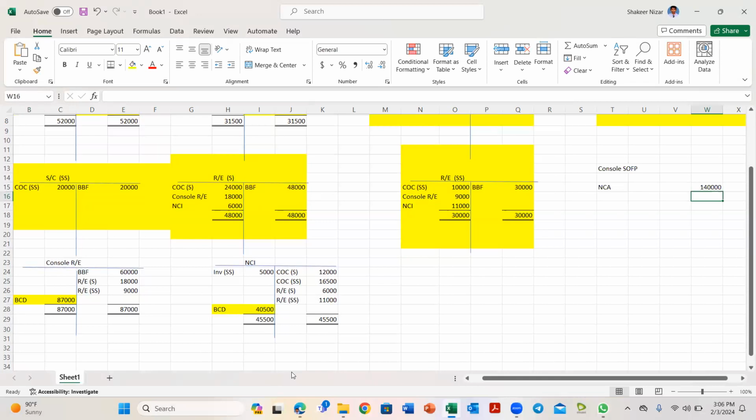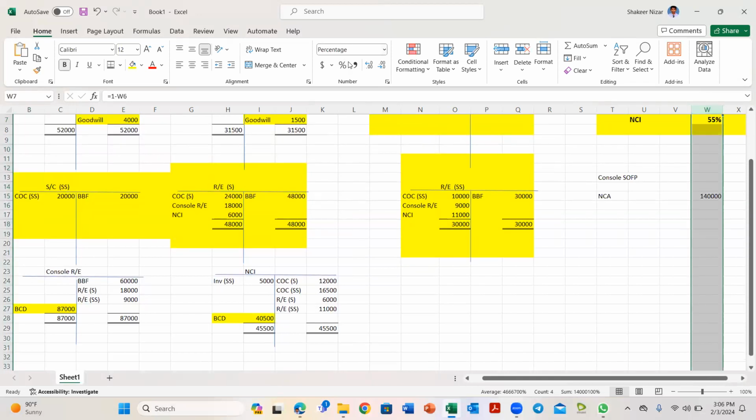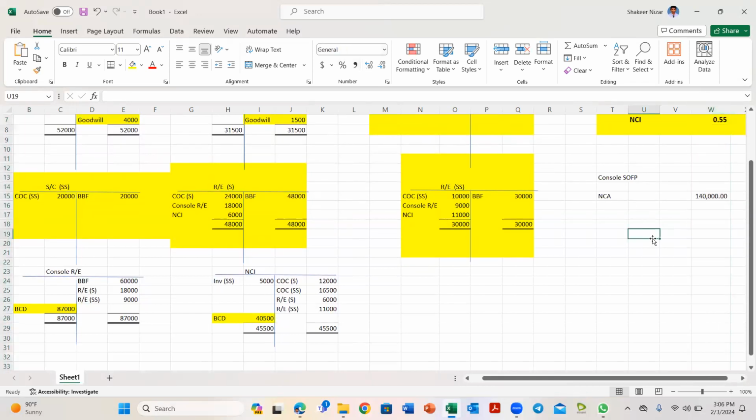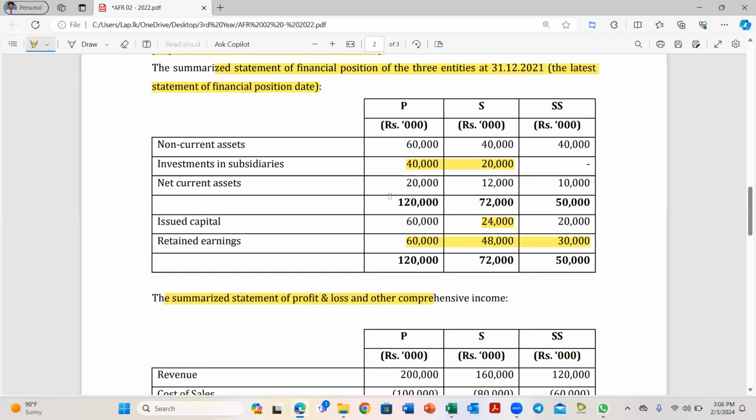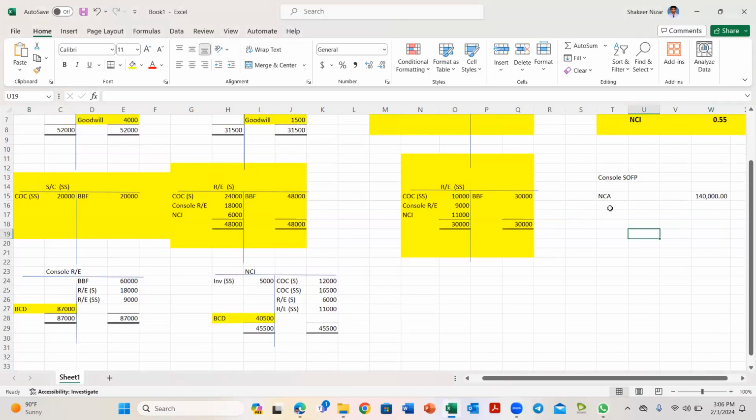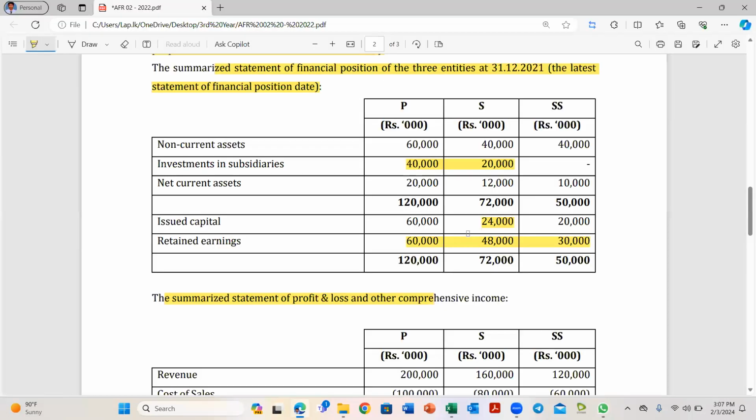That is 140,000. Then we have investment in subsidiaries, do not bother. So we have goodwill arising from business combination. What is the goodwill amount? 4,000 plus 1,500, it is 5,500. Then again we have net assets.